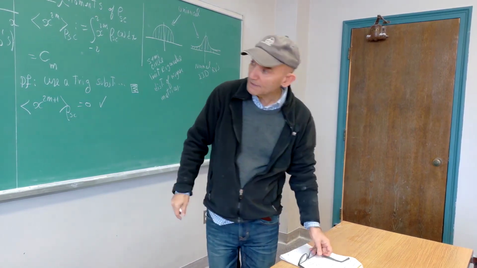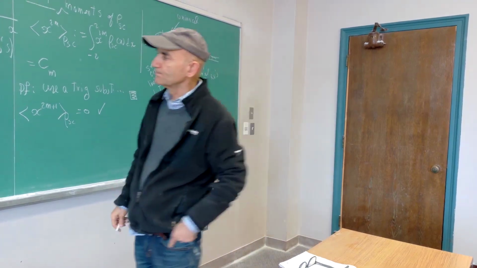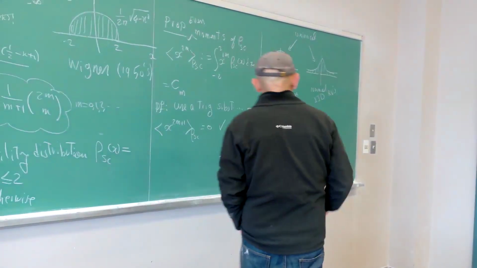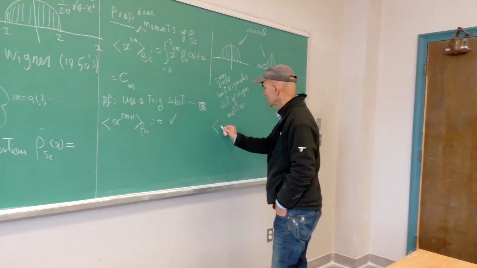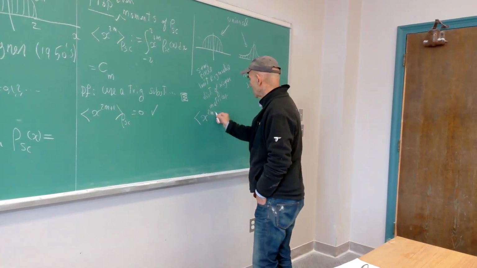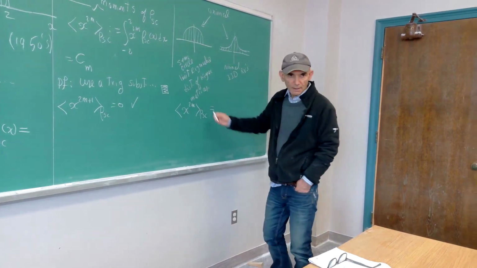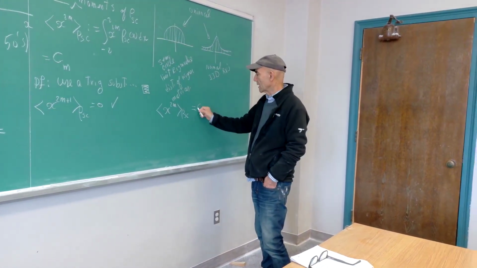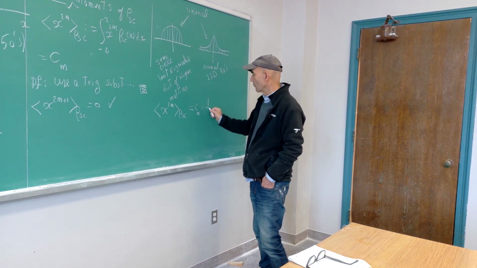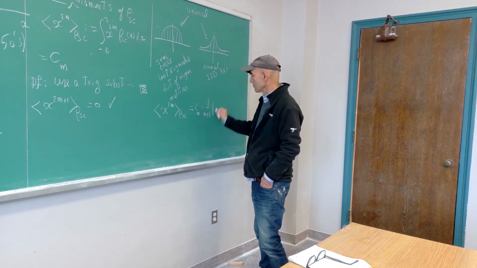For example, for this result that we have here, the moment of the semicircle, we saw that this is the m-th Catalan number, C_m, which is 1 over m plus 1 times 2m choose m.